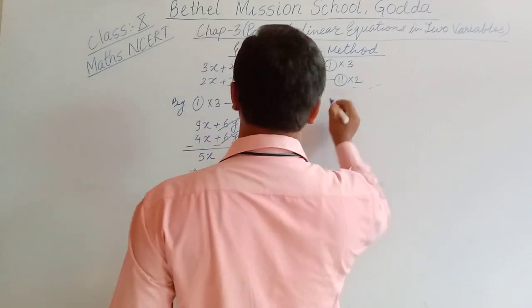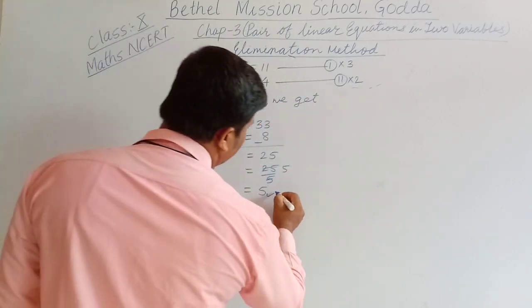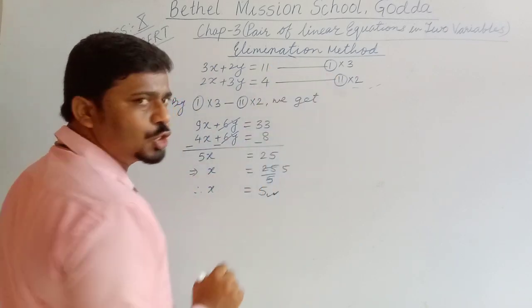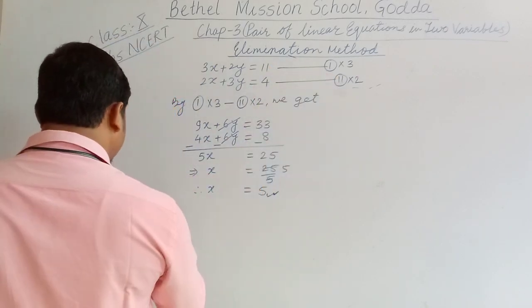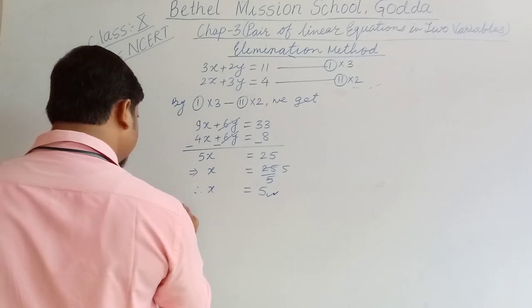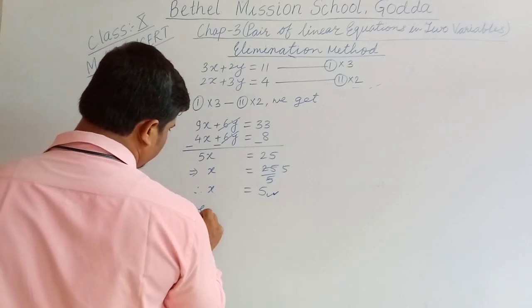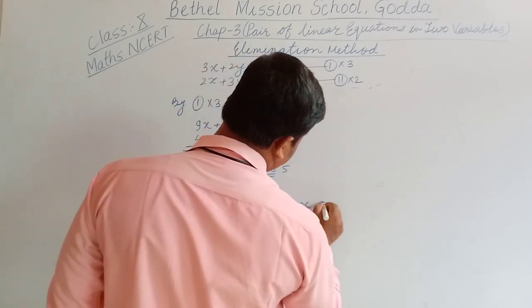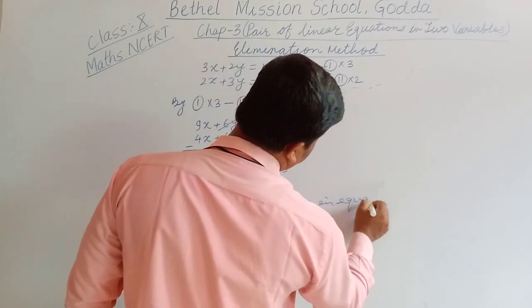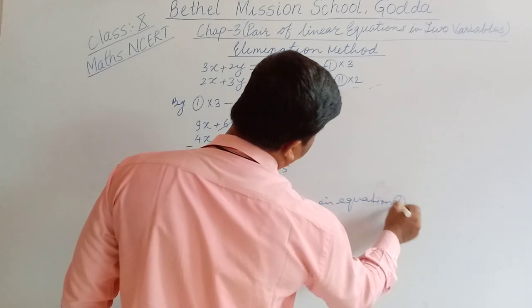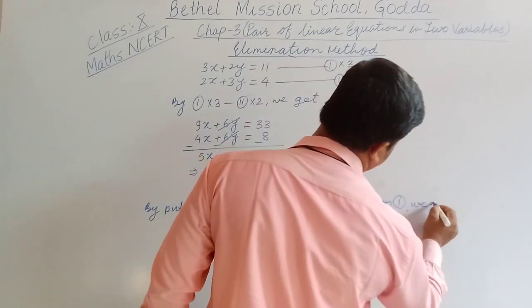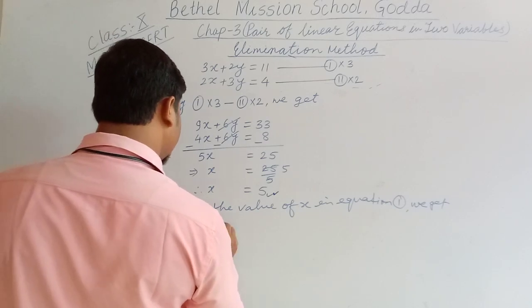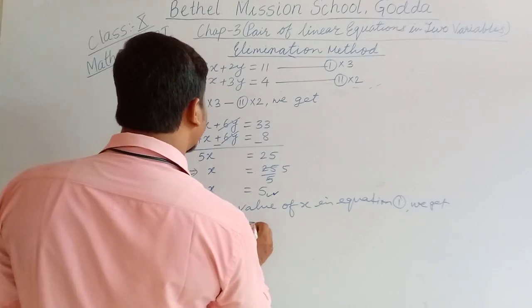So next what will be? Value of this x we will put in any equation, either in 1 or 2. So by putting the value of x in equation 1 we get 3x plus 2y equal to 11.